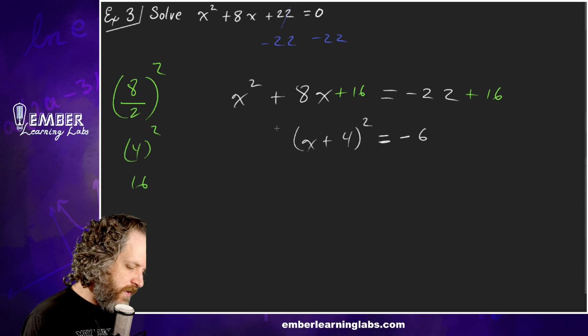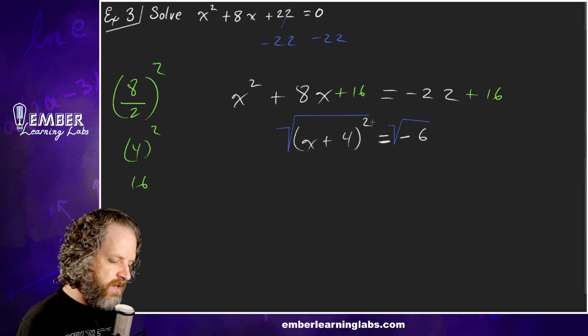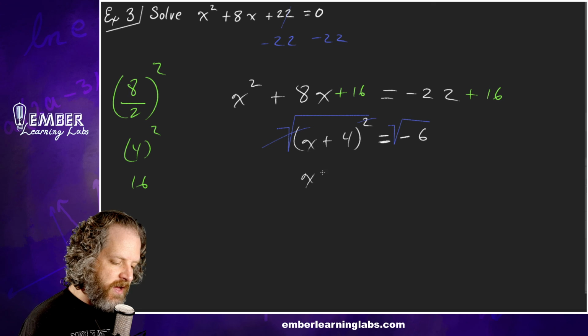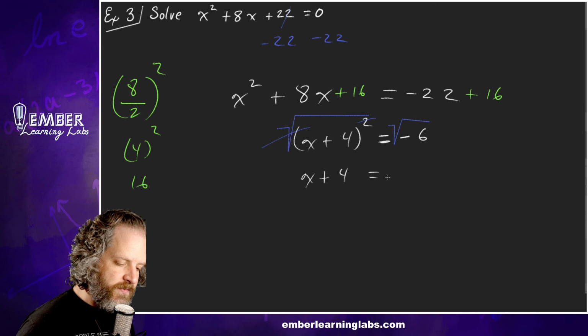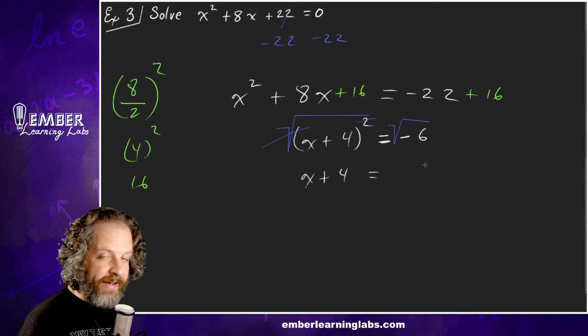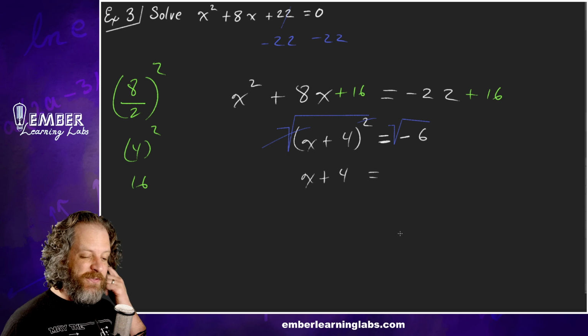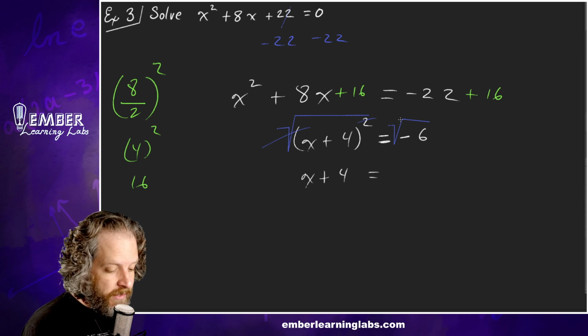Let's go. We're going to square root both sides. Square and square root cancel, leaving us with x plus 4 on this side equals square root of negative 6. Square root of negative 6 can't be reduced except for the fact that it's imaginary. Now you see why we learn these things.